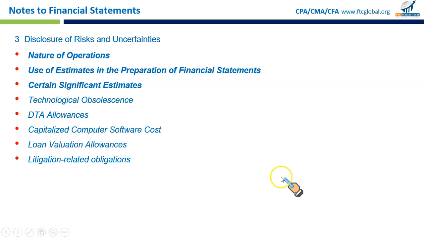Next, litigation related obligation. This is about estimating how much money the company might have to pay if it loses a lawsuit. Like one of our employees got injured, he filed a case against us in the court of law asking for $10 million compensation for the injury caused. So if we lose this case, that's what we may have to pay.